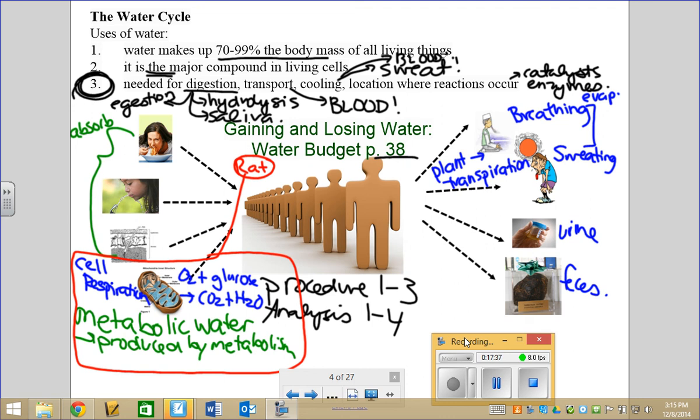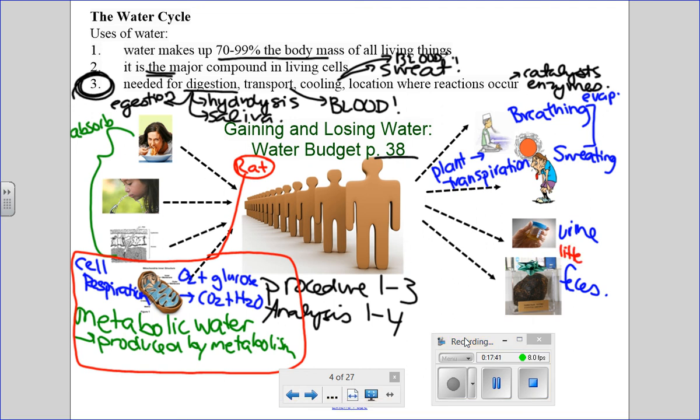In the water losses section, it produces very, very little urine or feces. And so it is reducing the amount of waste that it produces so that it doesn't have to use up its water on that. Virtually all of the water that it loses is water that it can't control. It has to breathe. It has to maintain body temperature. And so for the kangaroo rat, this is the major way that it loses water.